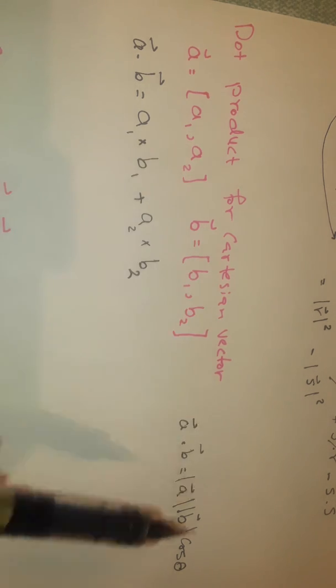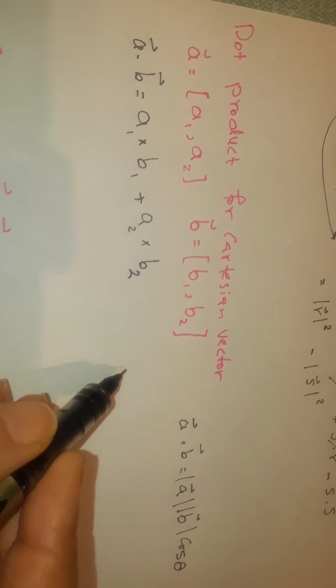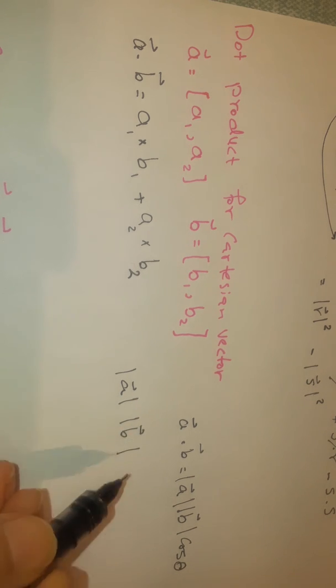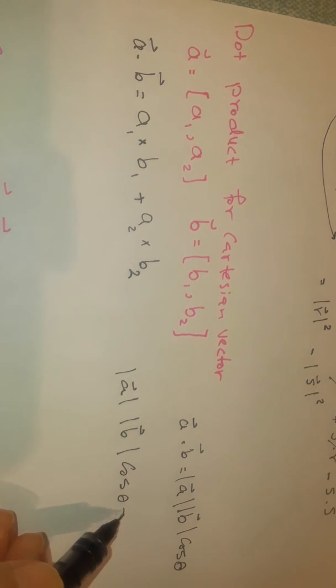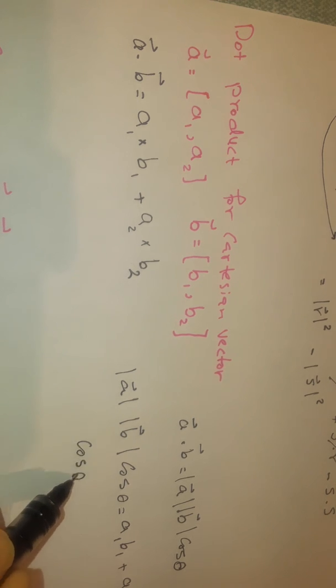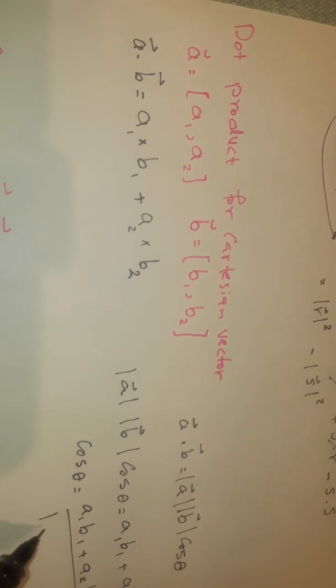These two are the same, so I can put them equal to each other. I can say that the magnitude of A, magnitude of B, cosine theta is equal to A1 B1 plus A2 B2. I can rearrange for cosine theta: A1 B1 plus A2 B2 divided by the magnitude of A multiplied by the magnitude of B. So what does it say?